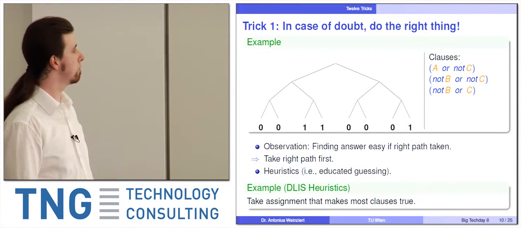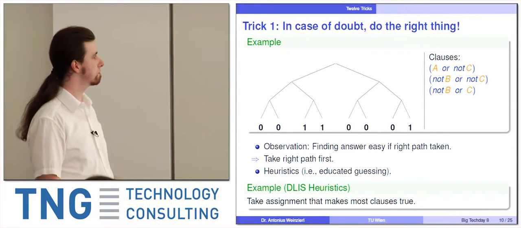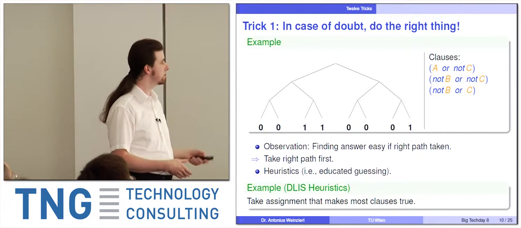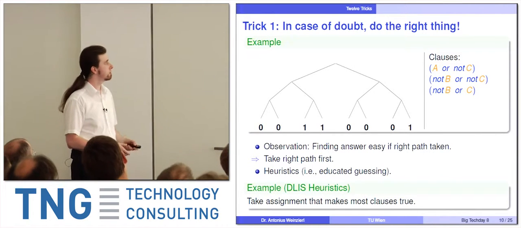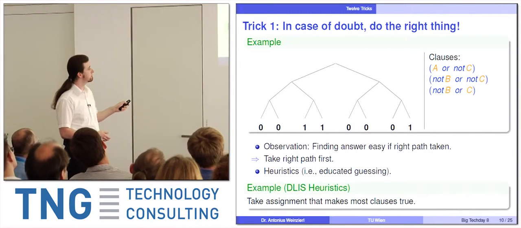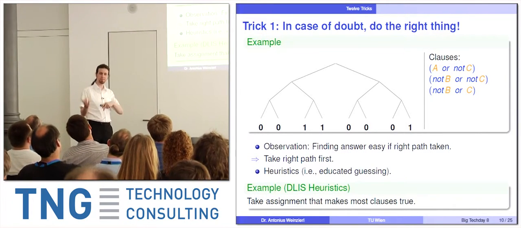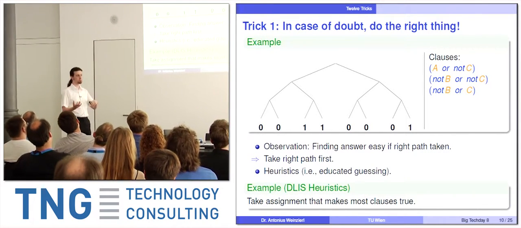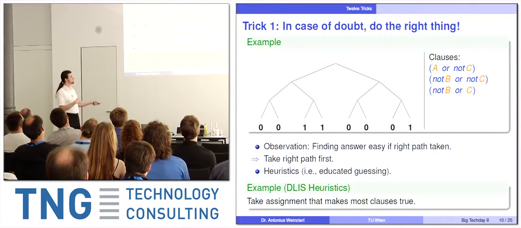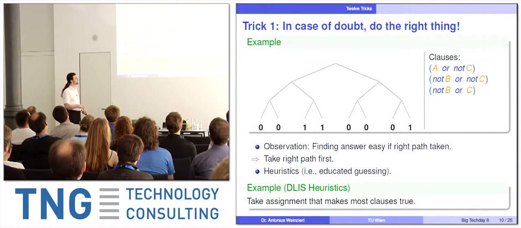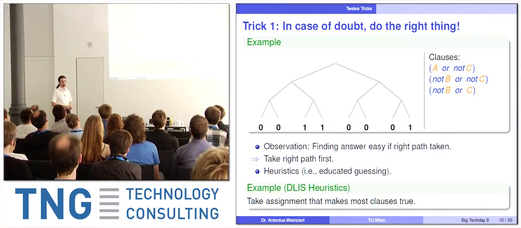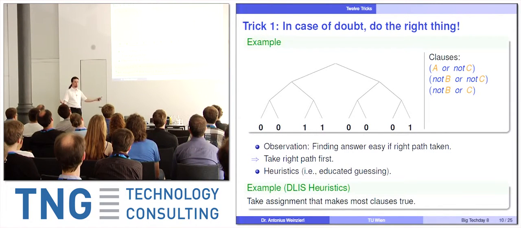One example for such a heuristic is the DLIS heuristic, which at every step in the tree looks at all the clauses which are not yet satisfied, and then counts how often each literal occurs positively or negatively, and then tries to pick an assignment such that the most clauses are satisfied.